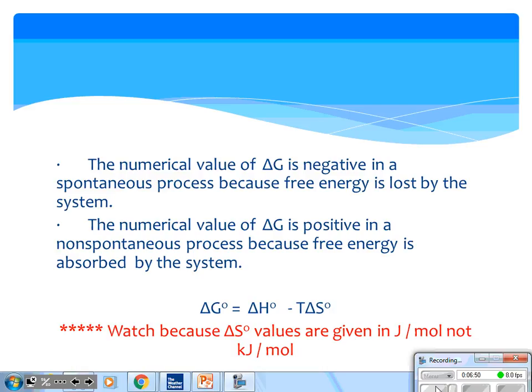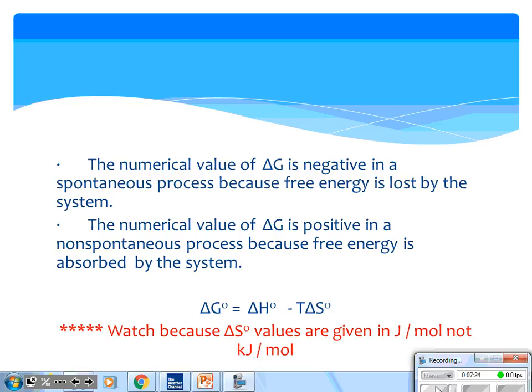The numerical value of delta G is negative in a spontaneous process because free energy is lost by the system. The numerical value of delta G is positive in a non-spontaneous process because free energy is absorbed by the system. So one thing you might want to add on to these things: if delta G is negative, it says it's a spontaneous reaction.